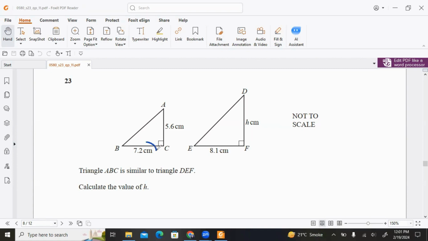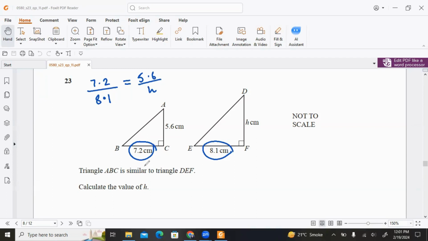So for that, we create a ratio of the similar sides, which in this case would be 7.2 over 8.1. This ratio would be equal to 5.6 over h. Why? Because since they're similar shapes, the scale factor by which the shape is changing would be equal for all ratios.